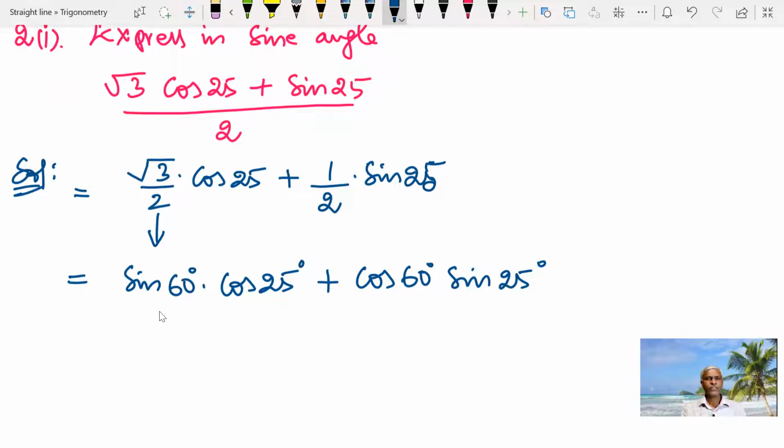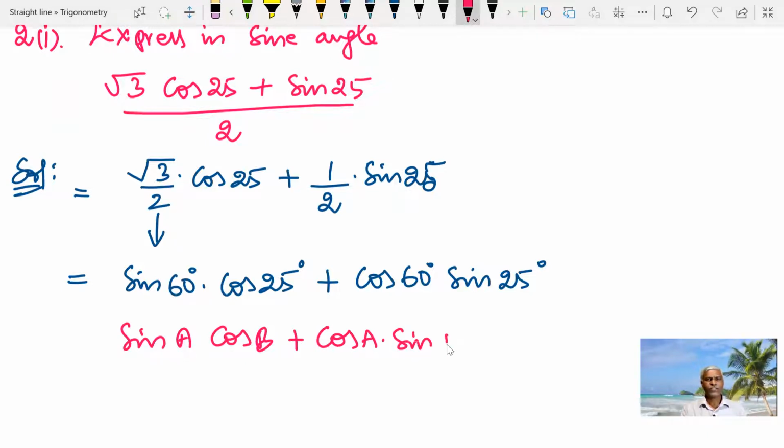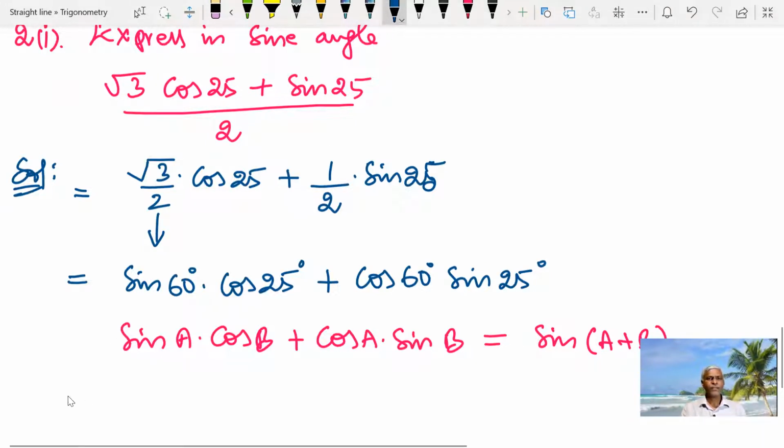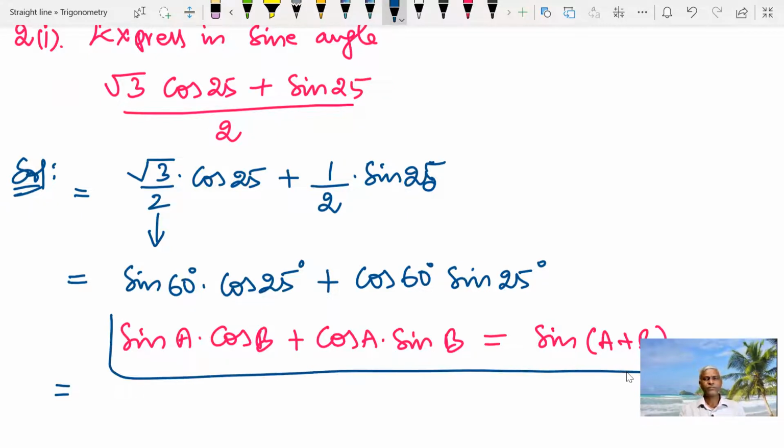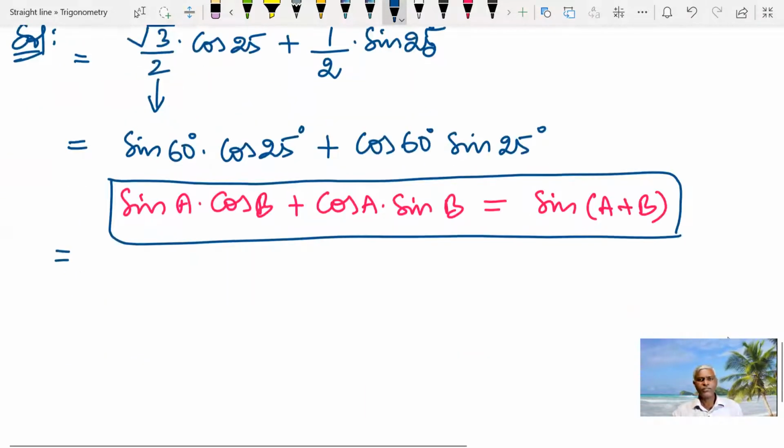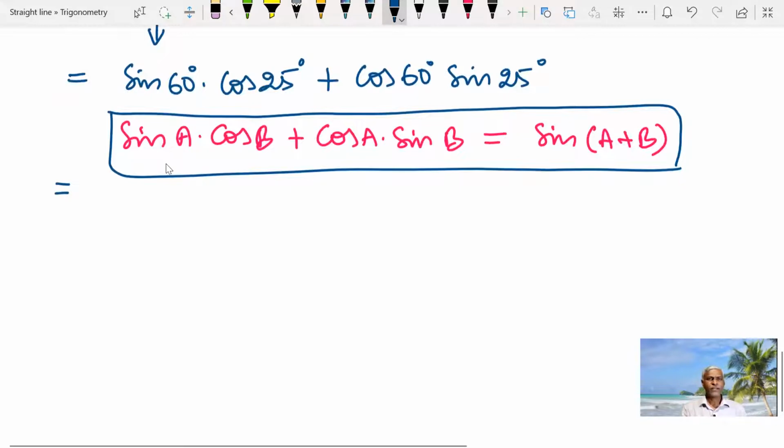Now this is in the form of sin A into cos B plus cos A into sin B. This is nothing but sin A plus B. So using this formula, here A is equal to 60 and B is equal to 25.